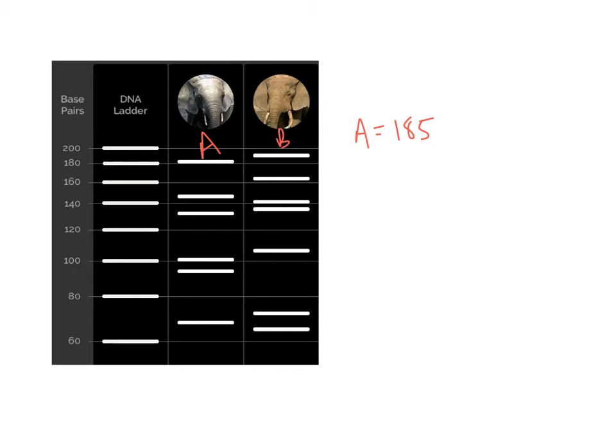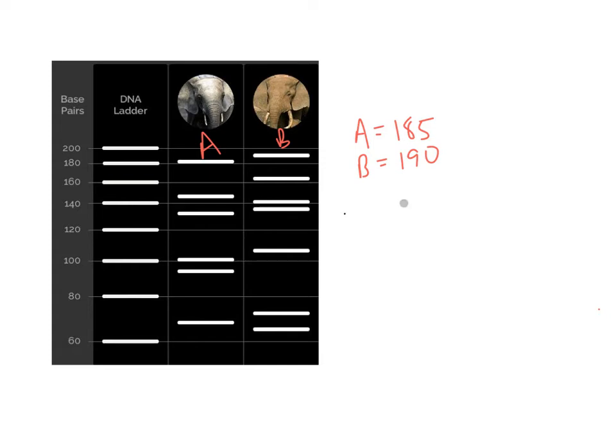Whereas B here is much bigger, and I would say that B is probably 190, between the 200. It's the same thing. And you can go down through and obviously see how these two animals have a different pattern. Their pattern is based on the STR, which we're going to talk about at the end. But there's definitely a fingerprint that shows up that shows that they're individuals.